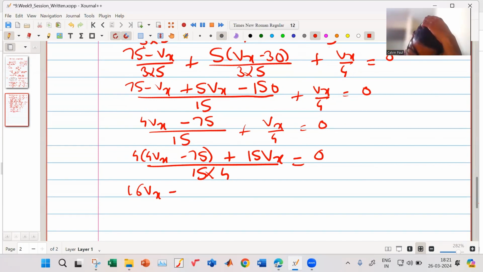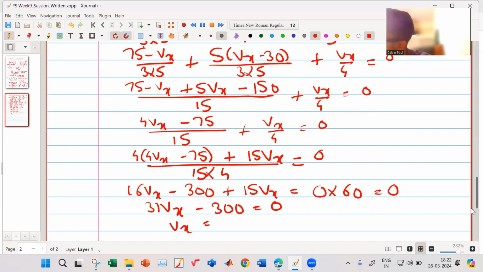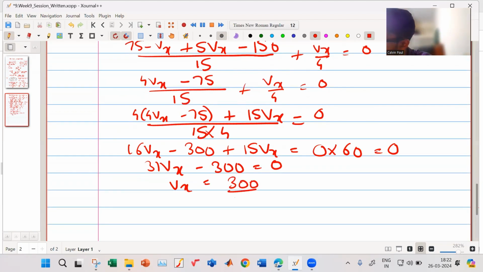What is 75 into 4? 300. 300 plus 15Vx is equal to 0 into 60, that is 0. So I will get 15Vx plus 16Vx, which is 31Vx, minus 300 is equal to 0. So what is Vx? 300 by 31. How much is that? 9.677. So this becomes 9.677 volt.